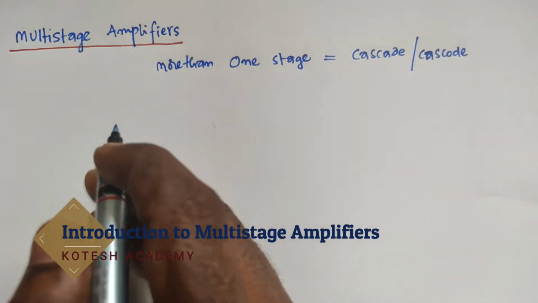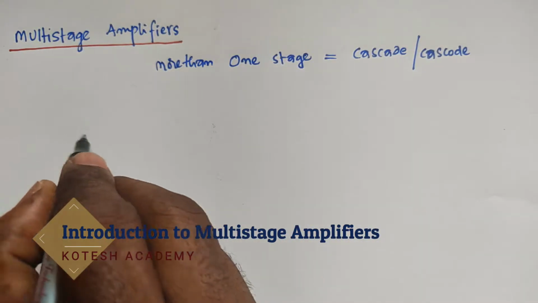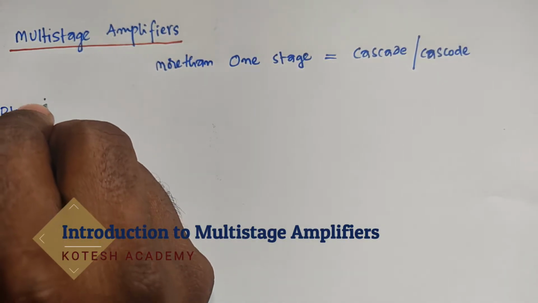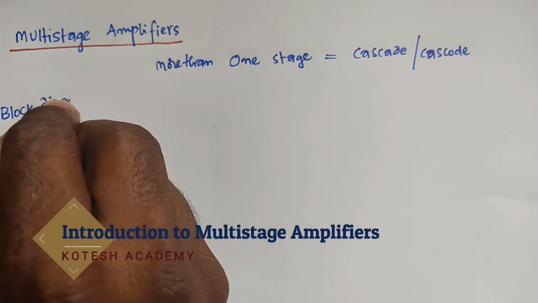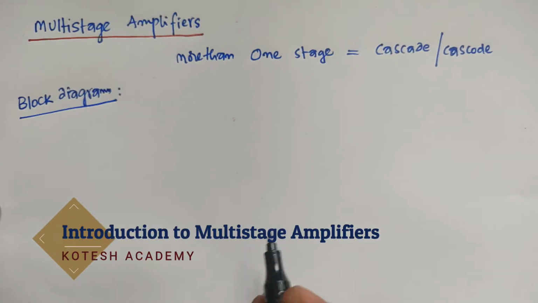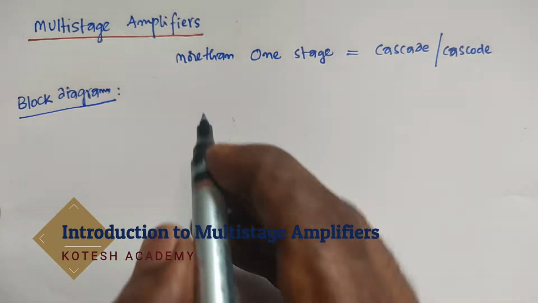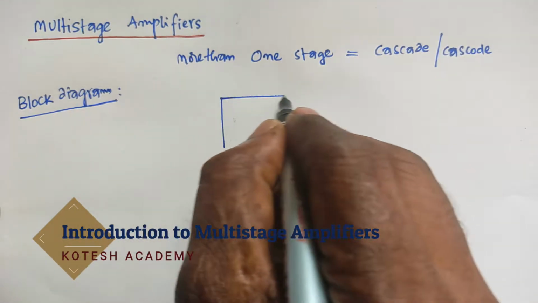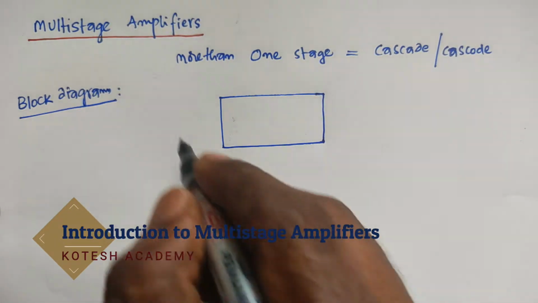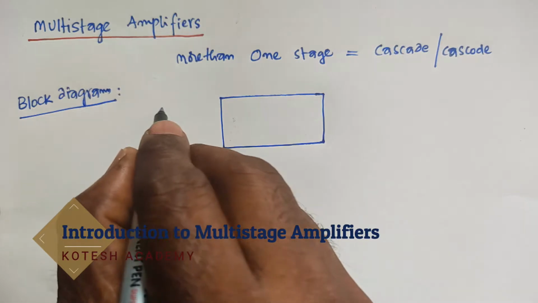Now, how can you design the multi-stage amplifier? First of all, we have to design the basic block diagram. This is the block diagram. Generally, we have the amplifier with n stages.